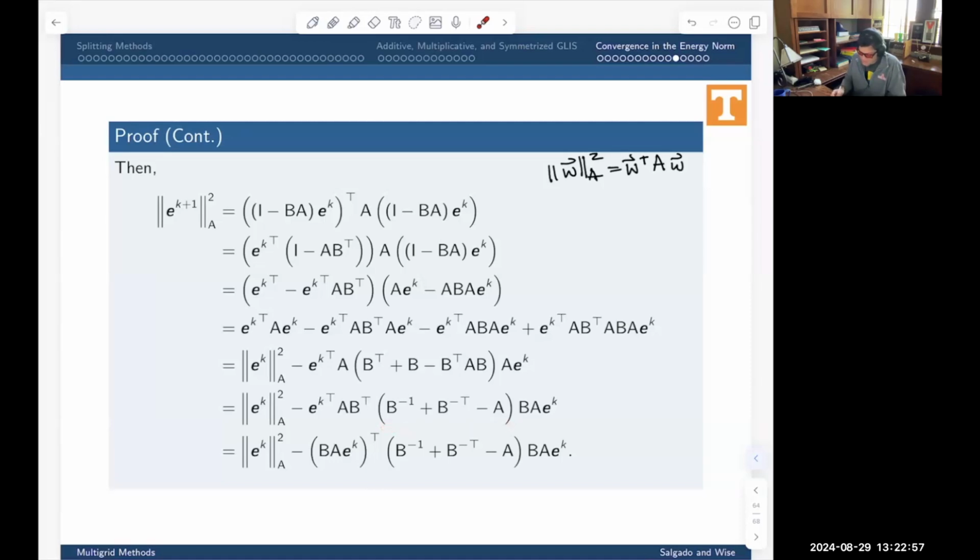In fact, at this point, I could have just replaced this with Q. And we also notice that this is the transpose of a certain product, namely B A e_k. And so I can use that property of transposes. And notice that this product on the right is exactly the same, but it's missing the transpose.